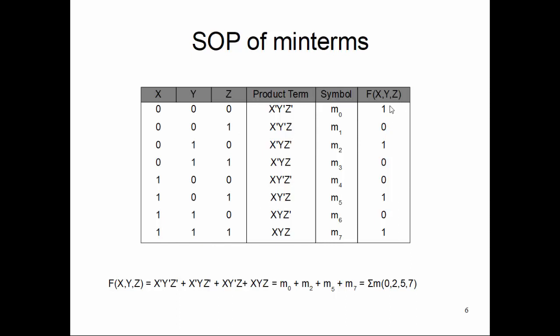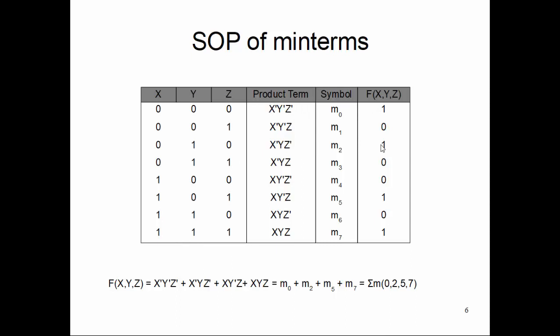So what we do is write the function like this: f of x y z equals, now we pick up those product terms for which the function value is 1. So we pick up x bar y bar z bar.